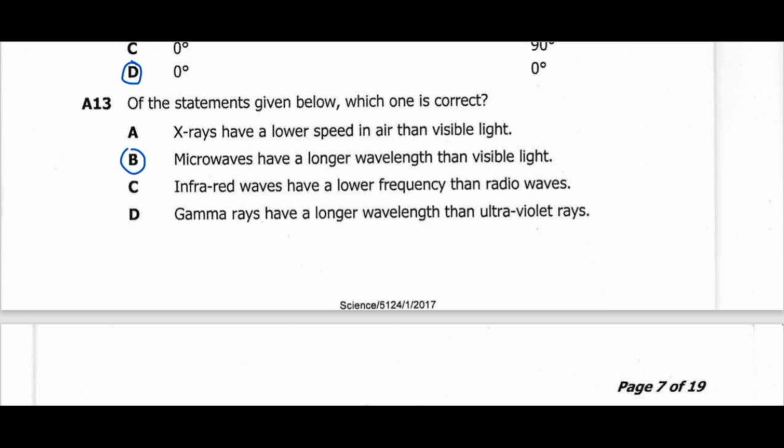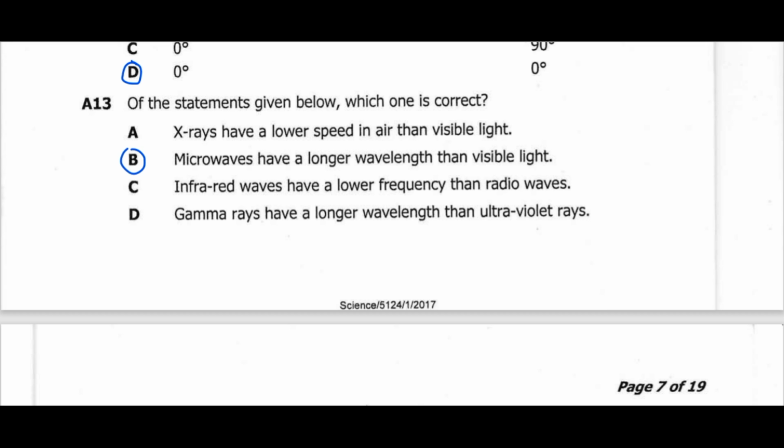Microwaves have a longer wavelength than visible light, because if you look at the arrangement of these electromagnetic waves on the electromagnetic spectrum, we begin with radio waves. From the radio waves you have microwaves. After microwaves you have infrared.